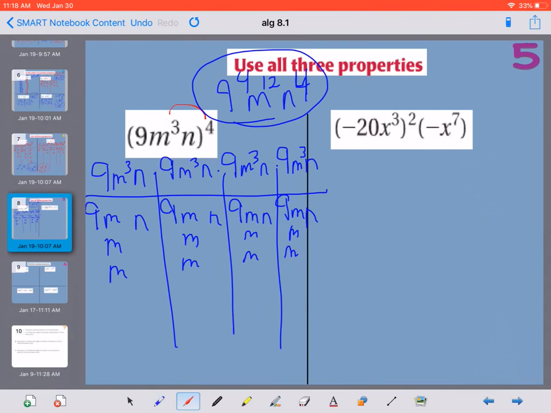Here's where it gets a little bit more tricky then. We have 2 negative 20x to the thirds, so negative 20x cubed times negative 20x cubed. And we also have negative x to the 7th power.